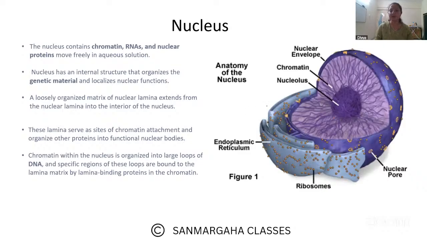Next, coming to the nucleus. Here you have the nuclear envelope, the covering of the nucleus, which gives protection to the nucleus. You can see the thread-like structures, which are the chromatin fibers. This condenses to form the chromosomes, which is the DNA, which has the genetic component in it.